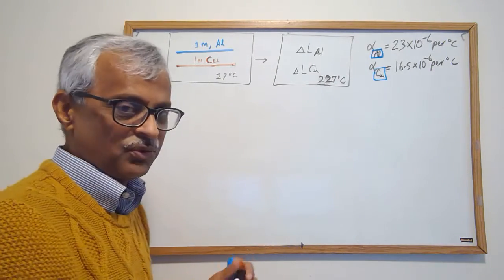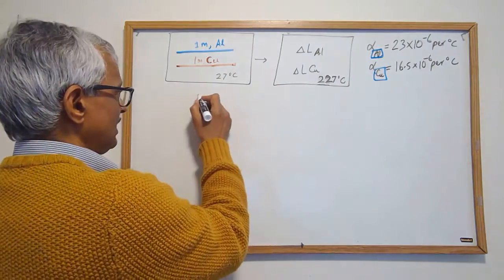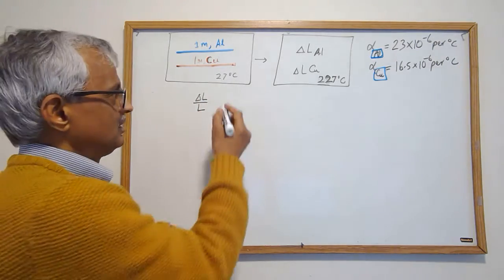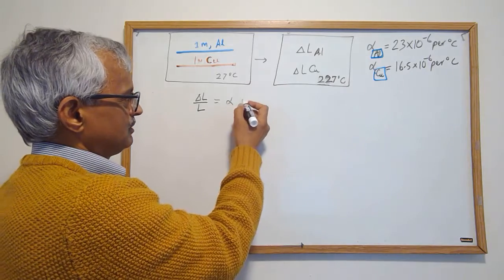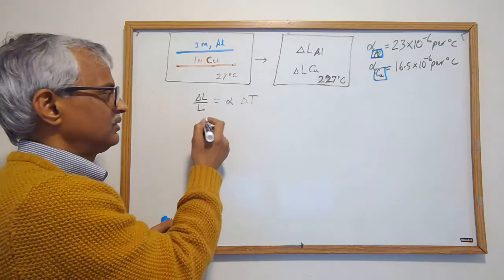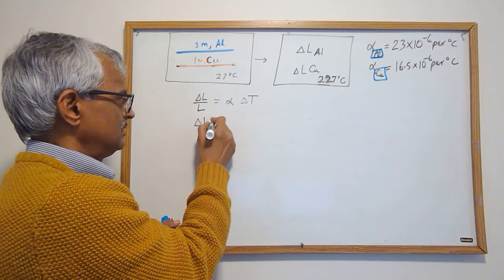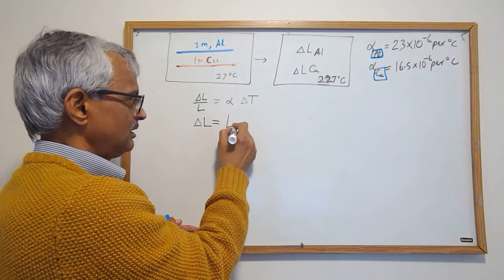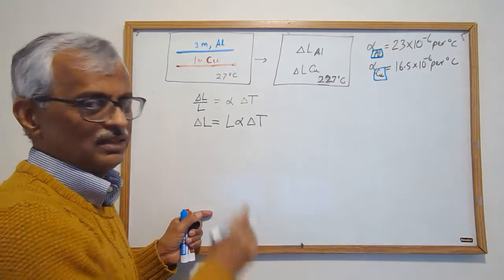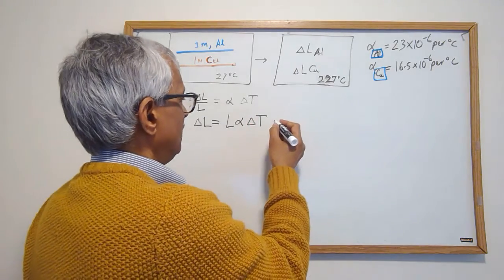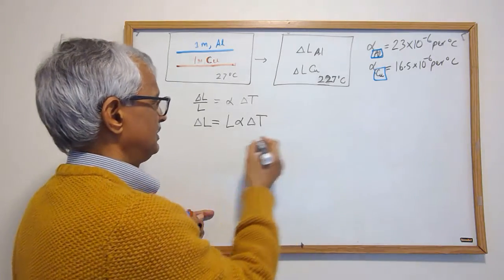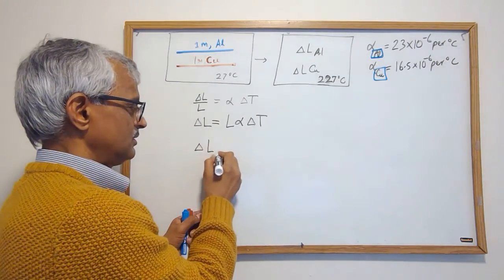It's pretty straightforward. Remember that delta L over L, that's the strain, is alpha times delta T. So I'm looking for delta L, so I'll say delta L equals L times alpha delta T. L is the original length, and so for the 2, I'm going to get a different answer.